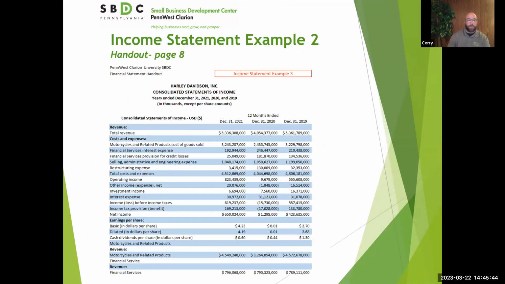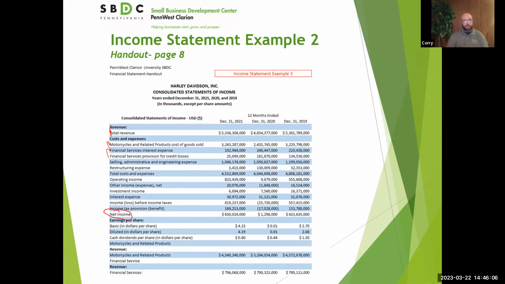Here, I just wanted to throw this out at you. This is a large company, this is Harley Davidson, okay? Take your revenue minus your costs, and ultimately you'll come down here to net income. This looks a lot different than what yours is going to look like.